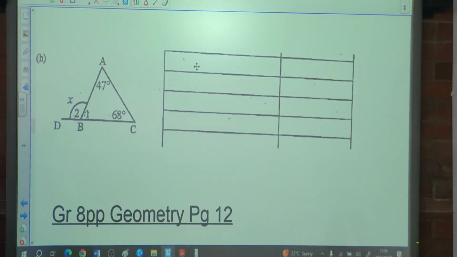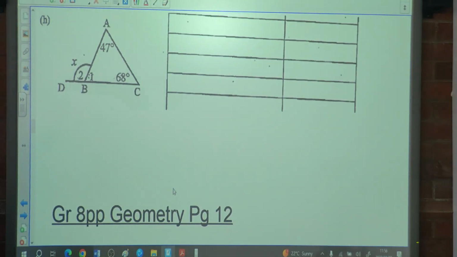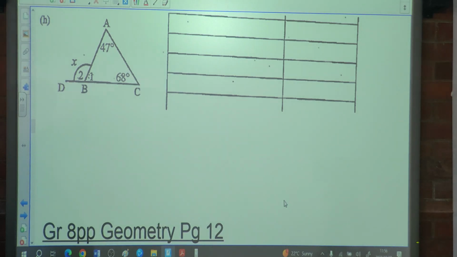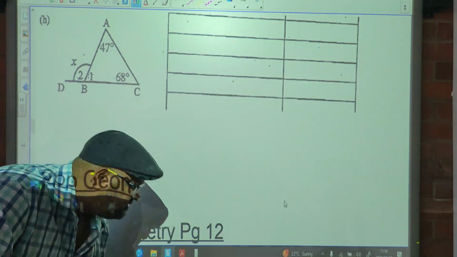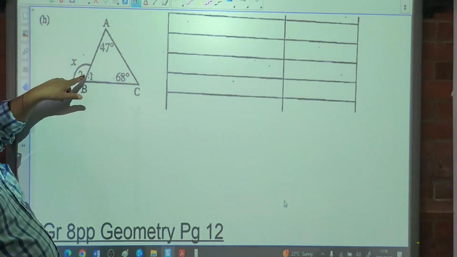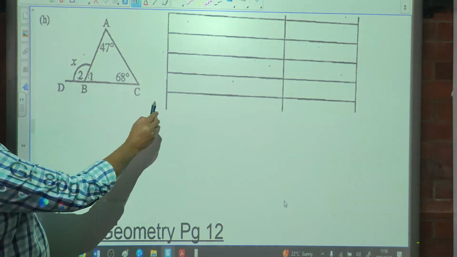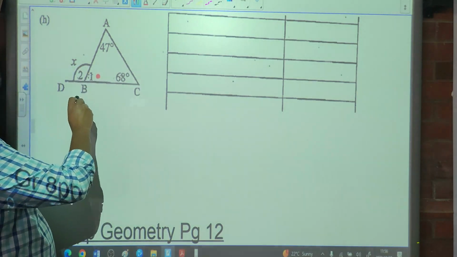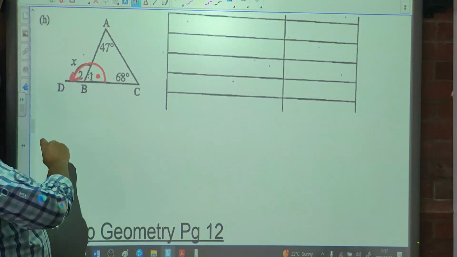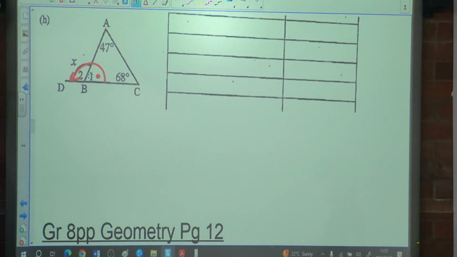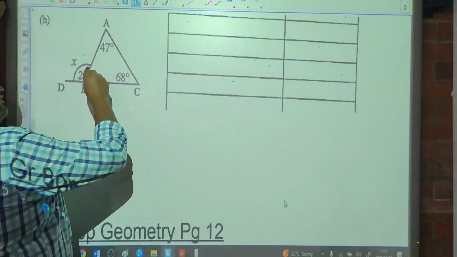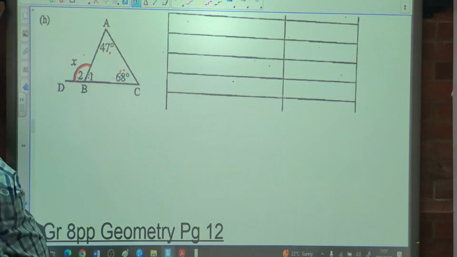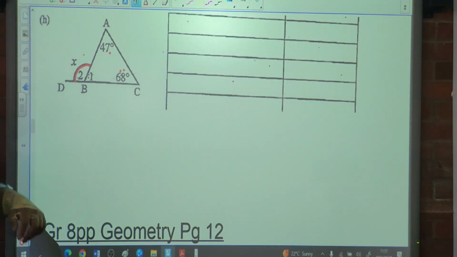Next, H. So we can either say B2, but B2 is also x. Can you see that, people? If you wanted, you can calculate A1, B1 first, and then x plus B1 is 180, angles on a straight line. But of course, it's much easier by saying your exterior angle is equal to the sum of the two interior opposite angles.